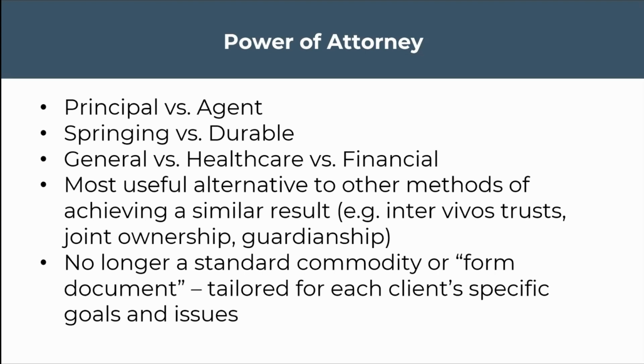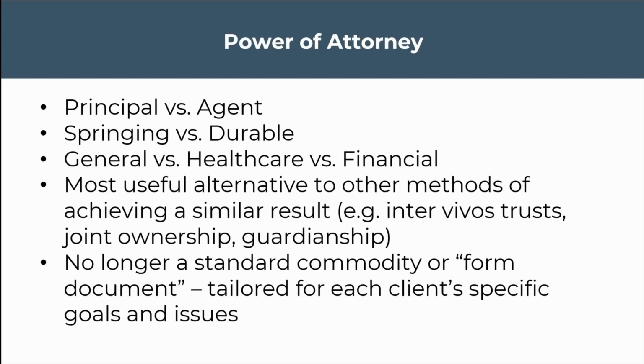What we use are general durable powers of attorney, 9 times out of 10, which cover both healthcare and financial. You can have a separate healthcare and a separate financial power of attorney. You can name separate agents, but the truth of the matter is, and everybody kind of knows this, as you get older, the line between what is healthcare and what is financial gets very blurred, especially when you're talking to the billing department at a hospital.